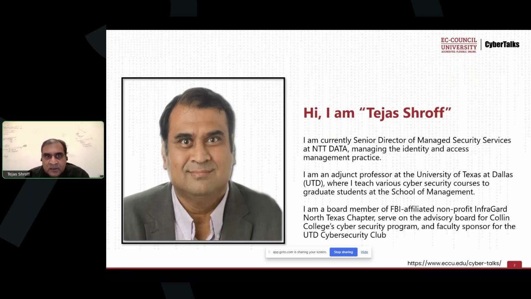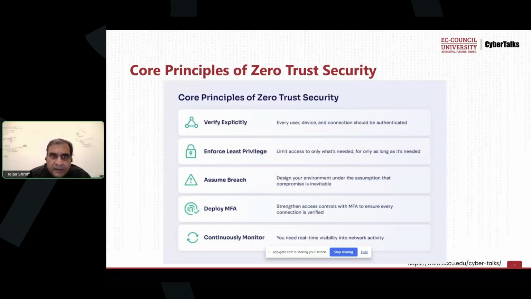So these are some of the core principles of zero trust security, where you want to make sure that we are validating and verifying explicitly. Every user, device, and connection needs to be authenticated. Least privilege needs to be enforced.